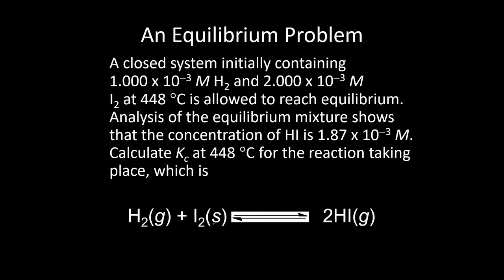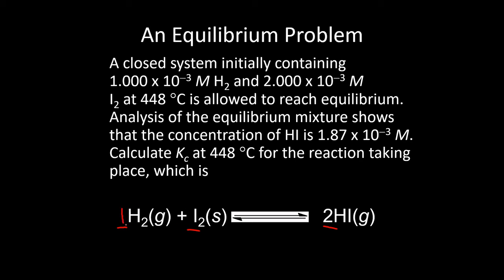And we know that from this balanced chemical equation. The balanced chemical equation tells us that for every one of these and one of these that reacts, we get 2 of those. So whatever change happens with I2 and H2, we see 2 times that change in the HI. And again, that is purely based on the coefficients.